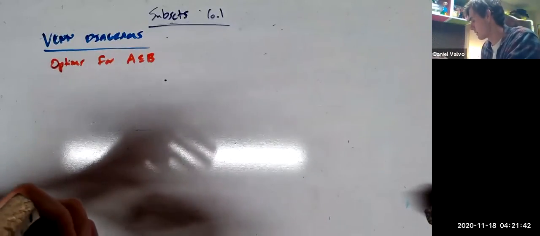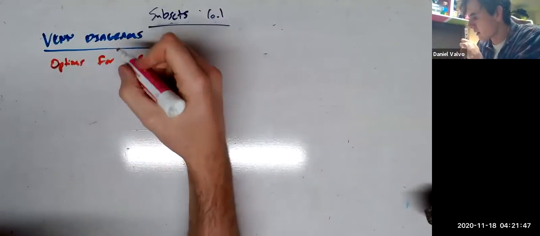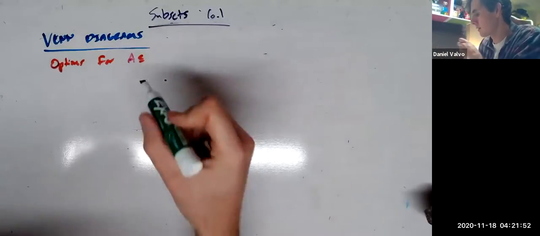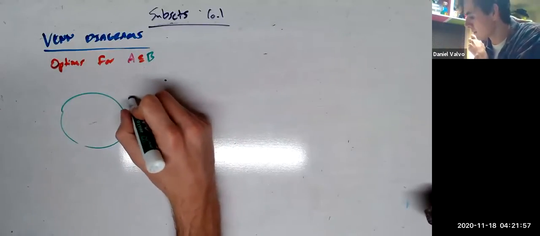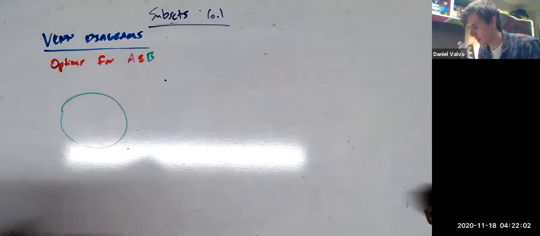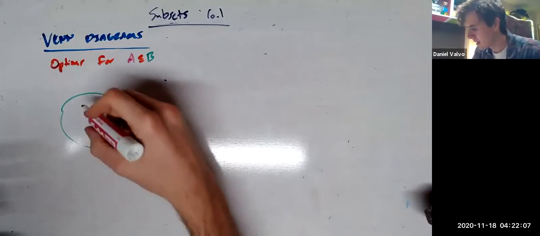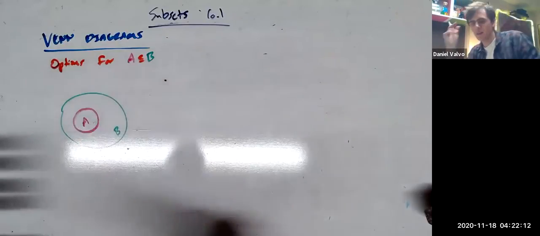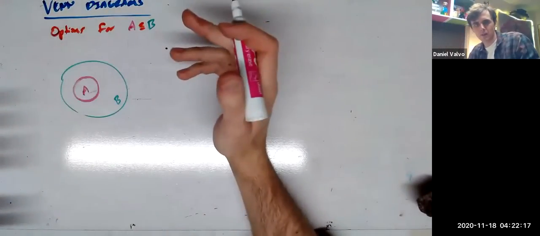I'm going to make this A and green B. So if A is a subset of B, that means we're going to have B, which is the visualization of the set B. This is B, and then A is going to be some set inside of it. B is the big set, A is the set inside of it.